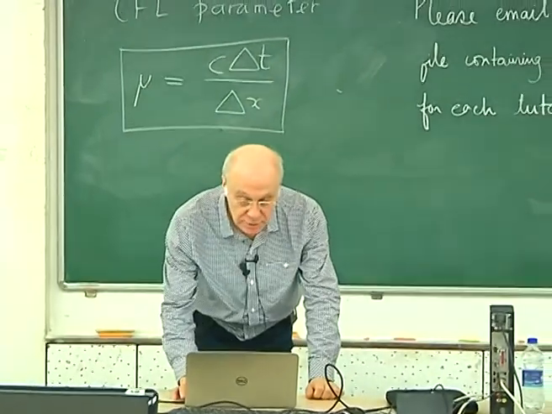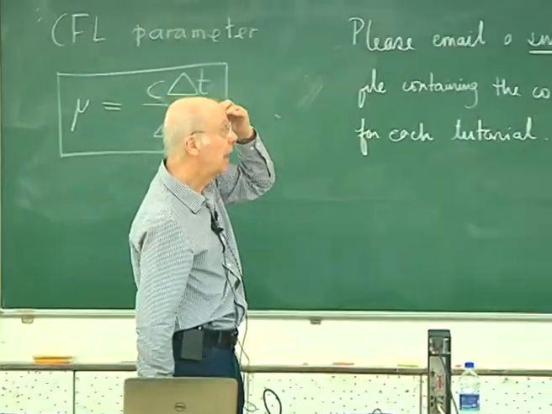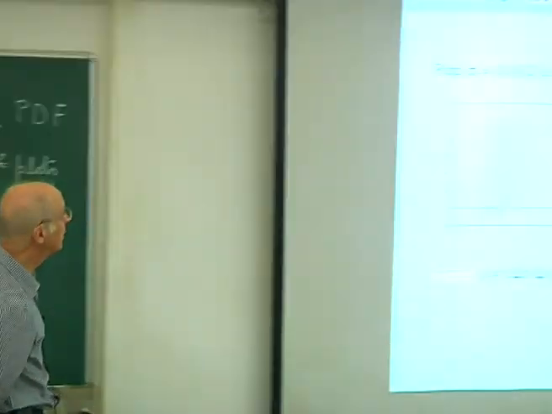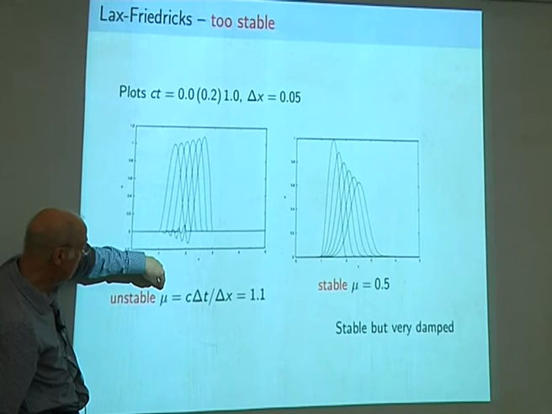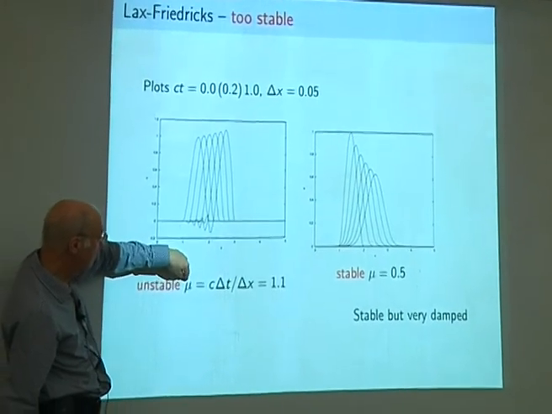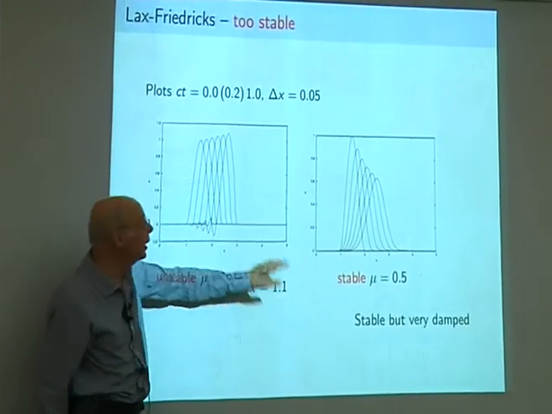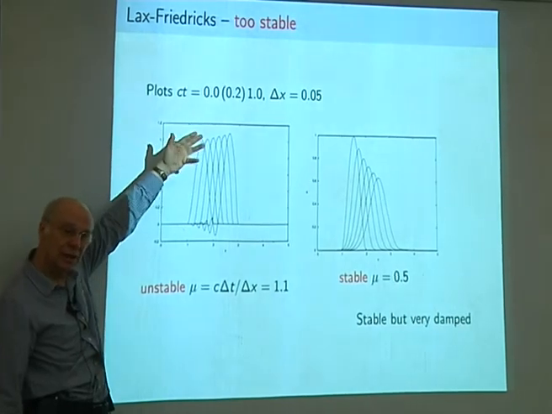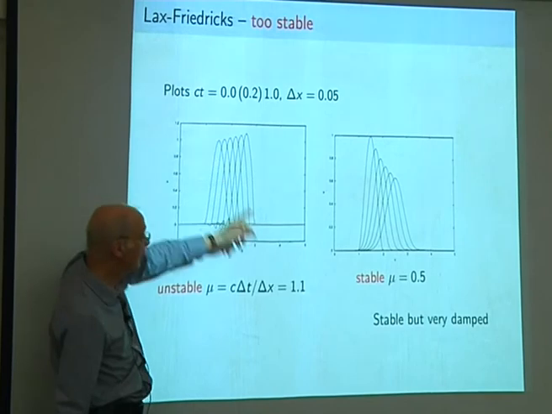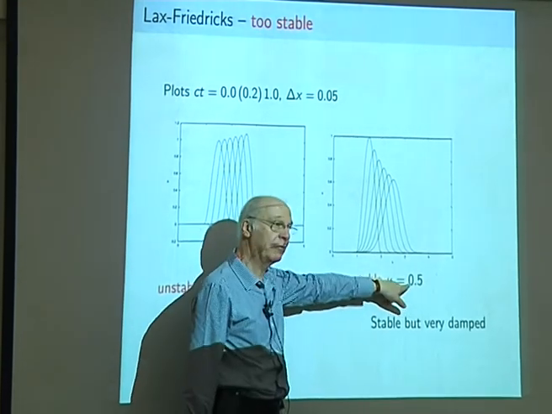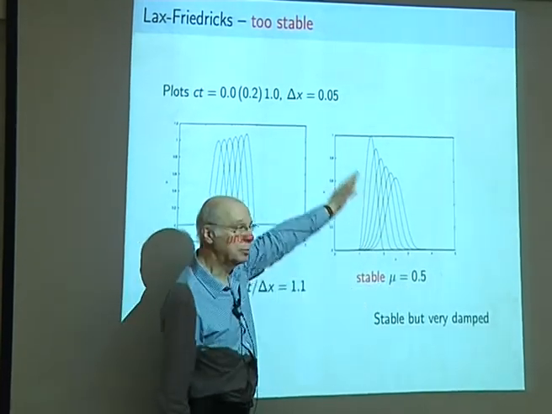So this is the result. It's super stable. So here I've put the CFL parameter equal to 1.1. It's supposed to be less than 1, and it blows up. So it's true that if you give it an unstable value, it will blow up. But if I put the parameter equal to 0.5, it's stable.